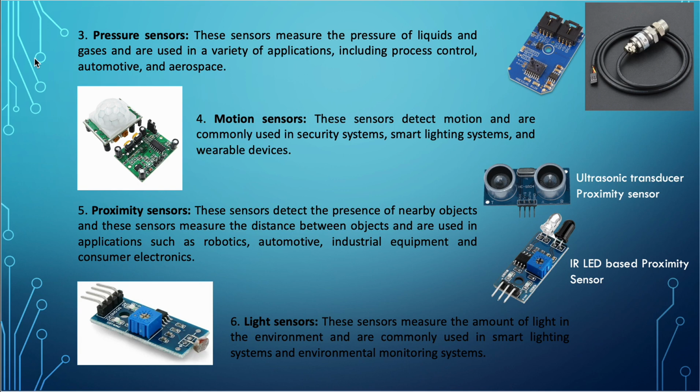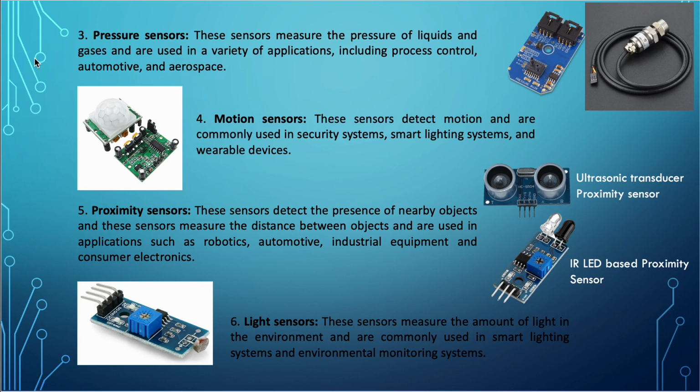When coming into motion sensors, these sensors detect motion and are commonly used in security systems. Yes, we talked about it in examples. Smart light systems, I think you have seen, it's getting very famous in Sri Lanka as well. Smart lighting systems switch on when a person or entity is moving near that location.